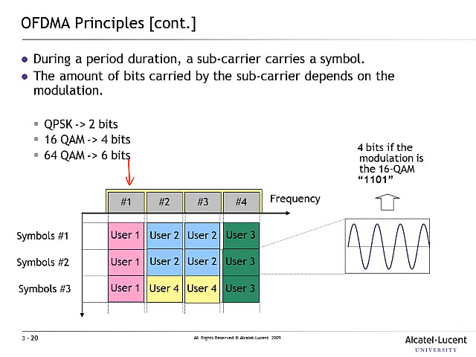So if you're using 16 QAM, for example, this symbol that the UE is going to transmit will effectively contain 4 bits of information.